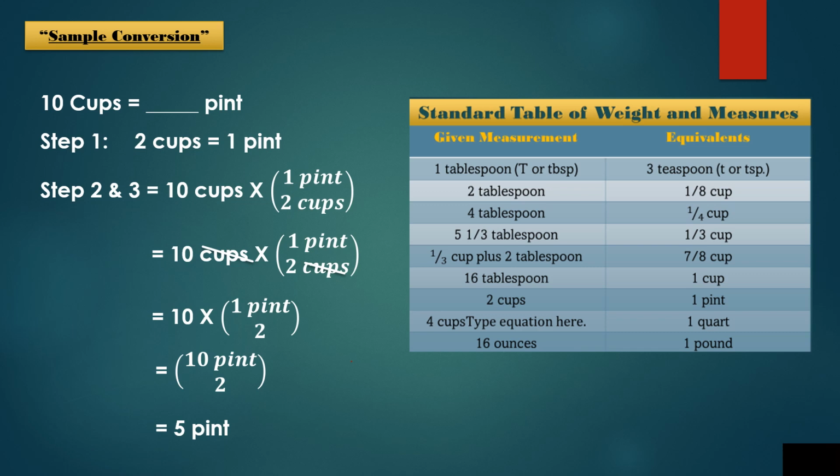Okay, so, ayan, so na-divide na nga natin yung 10 over 2. So, yung sagot nga is 5 pints. So, always remember class na kapag tayo po ay sumasagot ng mga ganitong solution, ang inyong final answer dapat laging naka-box. Okay, so sana nakakasunod po tayo dyan. Okay, next tayo.